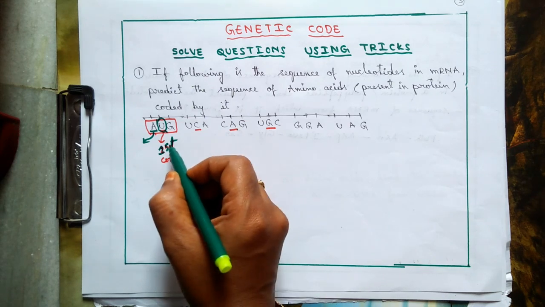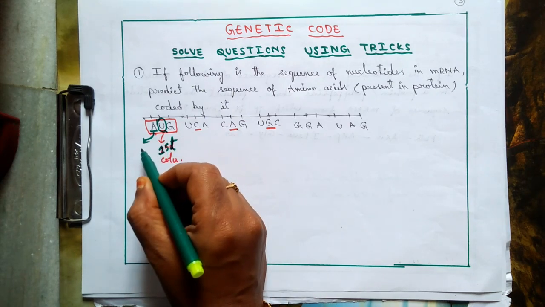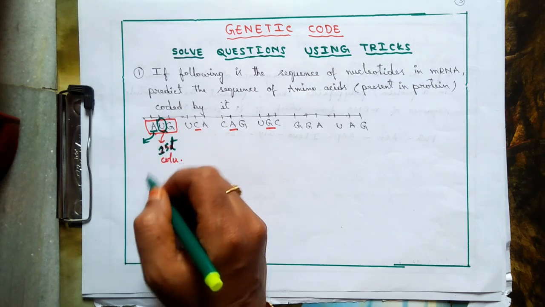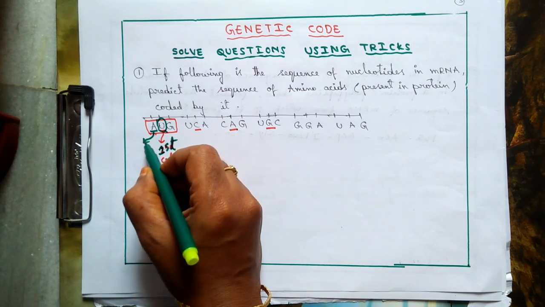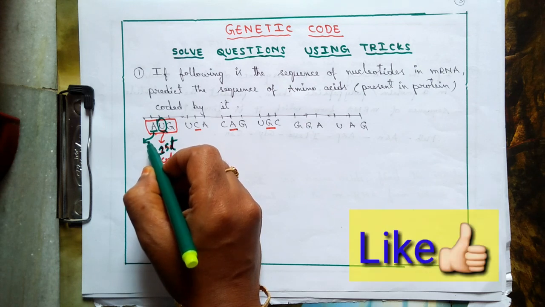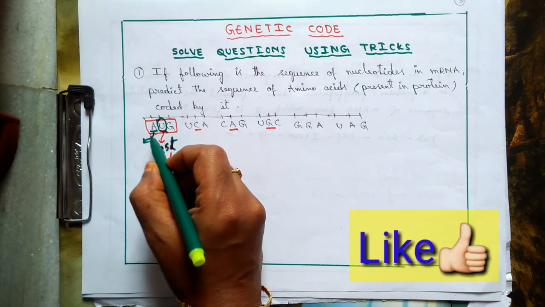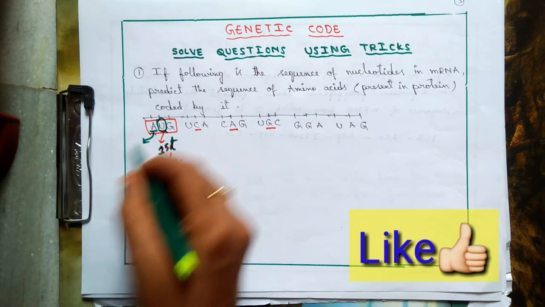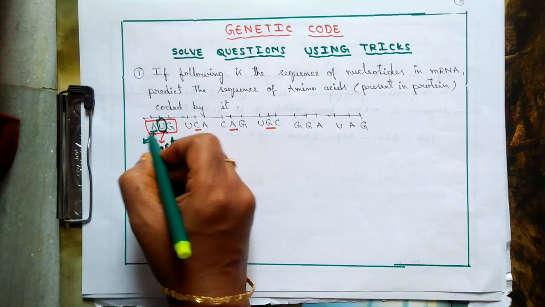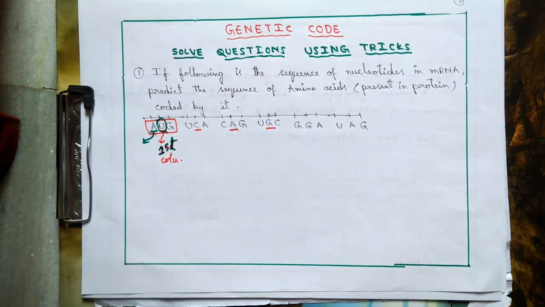Now we have to find in which box of the first column it is present. For that we apply the second trick, which finds the box in that particular column, by observing the first base.